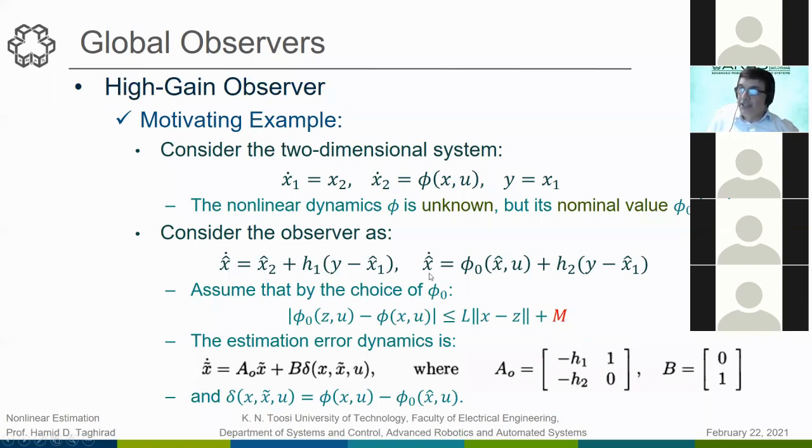I'm sorry, this notation is a bit misleading. This is x hat 1 dot is equal to x2 plus h1, of course, y minus x hat 1. For x hat 2, the second derivative, we have the motion model, the best knowledge of the system that we have. We put it here, the nominal value, plus the gain. And our system has some h1 and h2, the observer gains here.